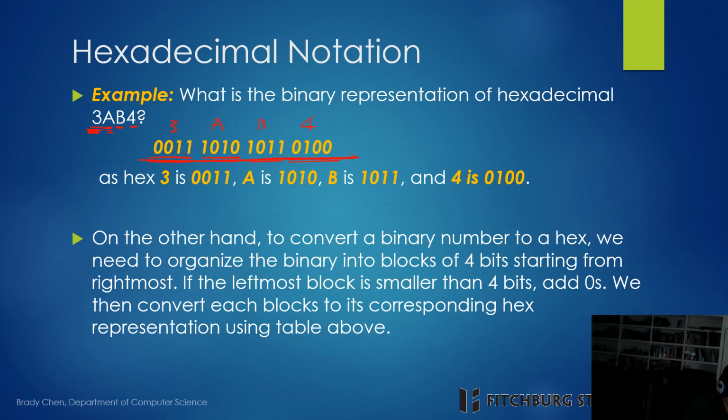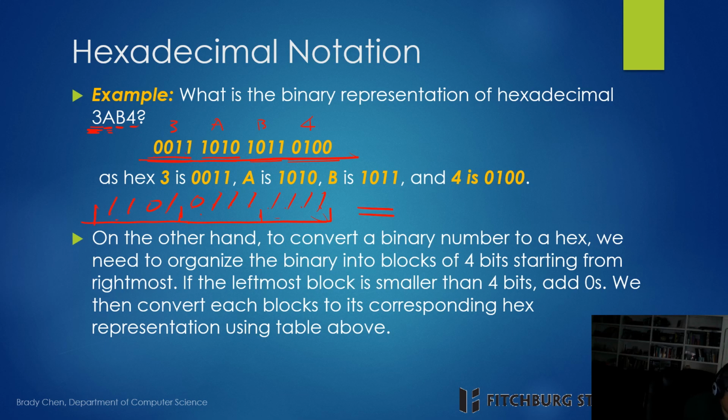Suppose we have a number like this. For this binary number, we need to divide the binary digits into blocks of 4, starting from the right. So here's a 1111, and then another 0111. This is the second block and the last block. So we have 3 blocks, right?